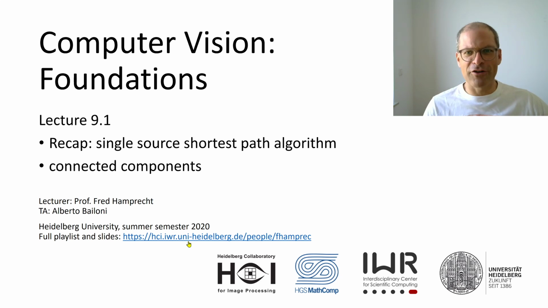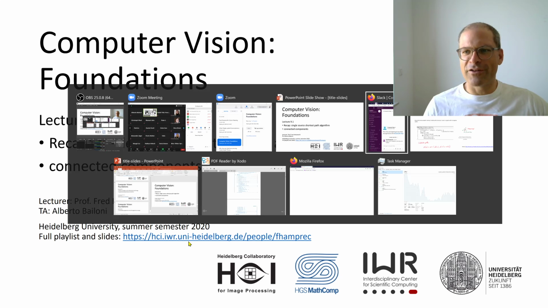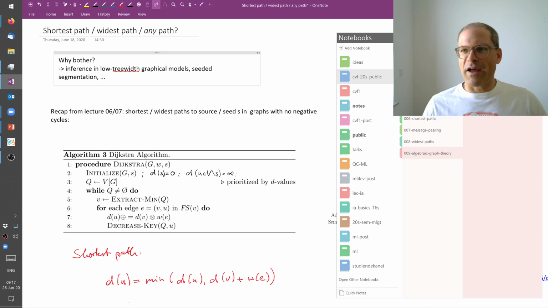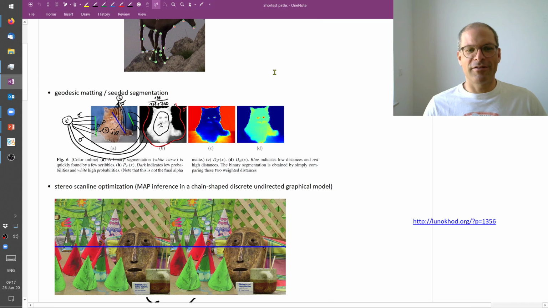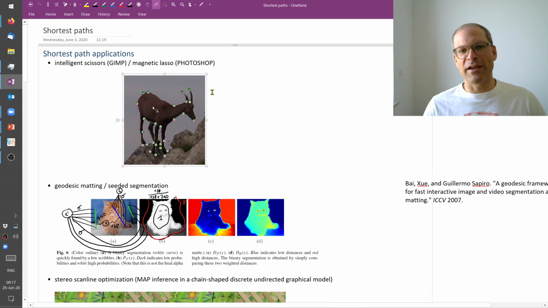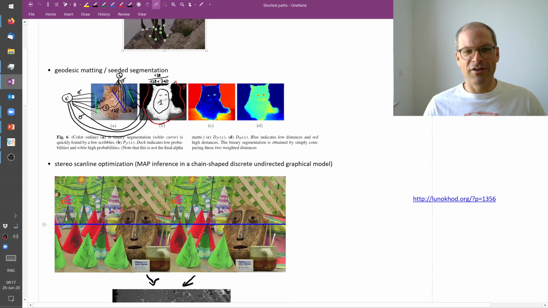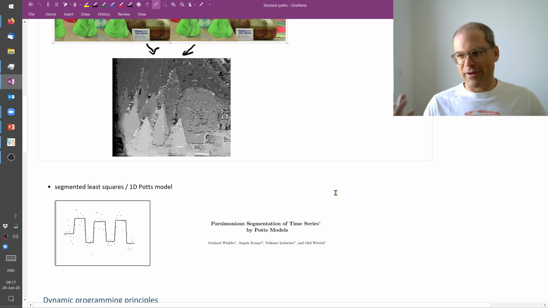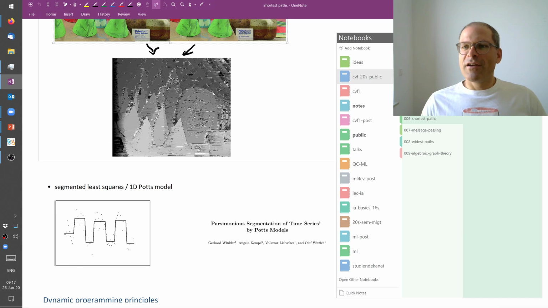And as a reminder, we did look at many shortest path problems. We looked at shortest path, we looked at widest path. When we talk about shortest path, we were looking at settings like this one, or seeded segmentation, or importantly, MAP inference in open chain discrete graphical models, and many other use cases.